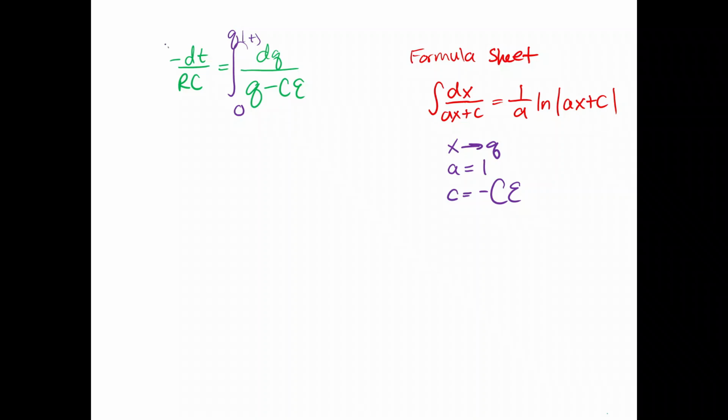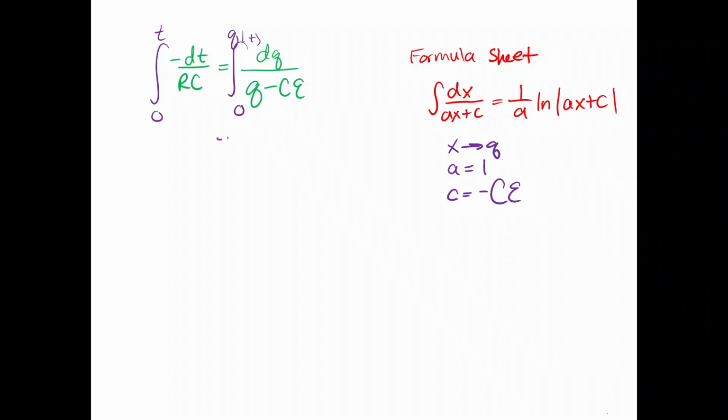And then on the left, I'm going from some time 0 to time t. So whatever that t is, that matches that q. If I wanted to find the final charge, I could actually integrate to infinity on the time and to q max on the charge, and that would give me my maximum charge if you wanted to do that integral instead. But that's not what we're going to do because we're doing it for any point in time.